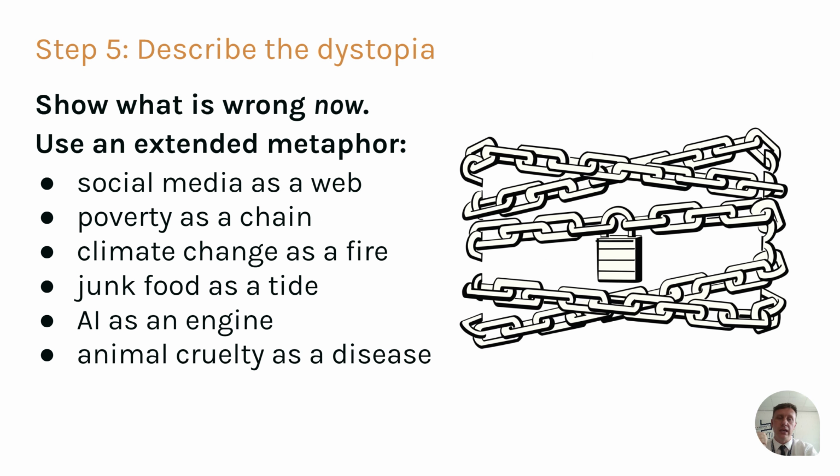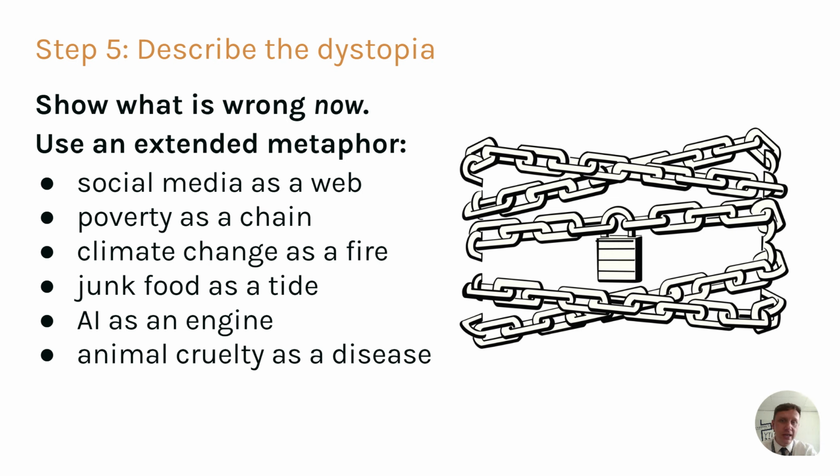Now, the dystopia, the extended metaphor, this is where our writing can start to feel really powerful. We want to describe the current problem as a kind of dystopia. In other words, you want to show what's broken or what's unfair or dangerous or damaging about the situation. And the extended metaphor gives your writing that really strong voice.